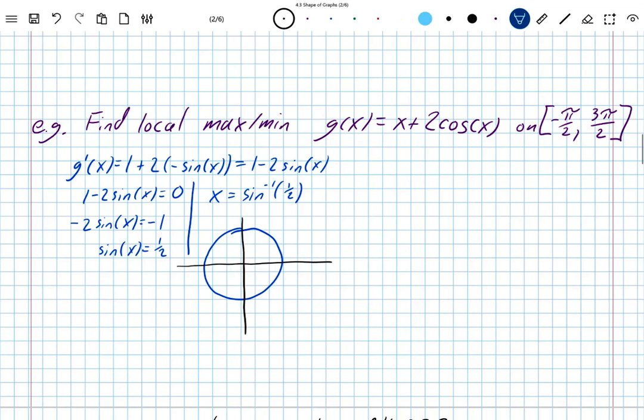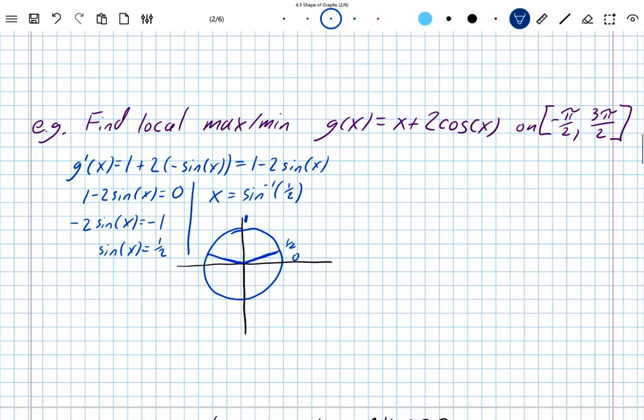Okay. So my sine starts off at 0. It has a maximum of 1 up here at pi over 2, and it's going to be a half, actually, right here at pi over 6, but also right here. Right, sines are the y values as you go around.